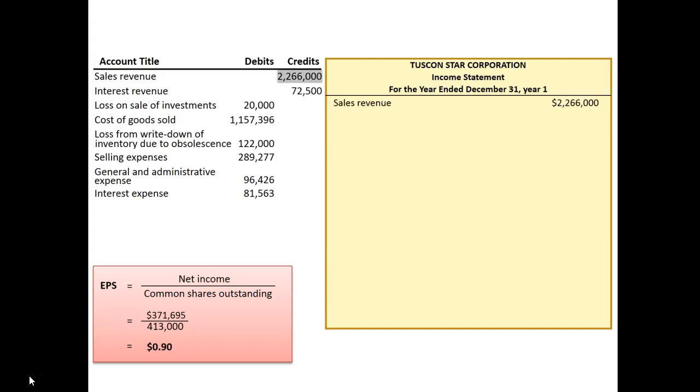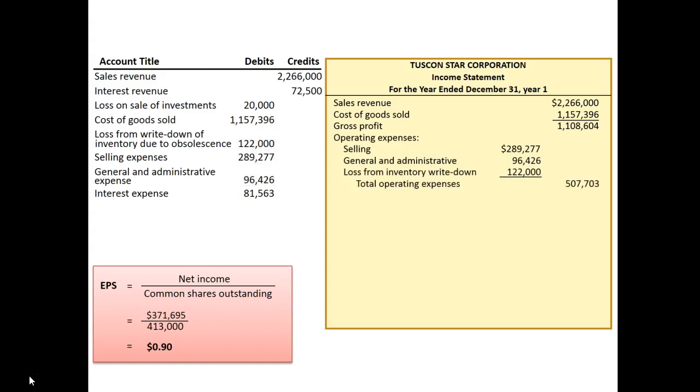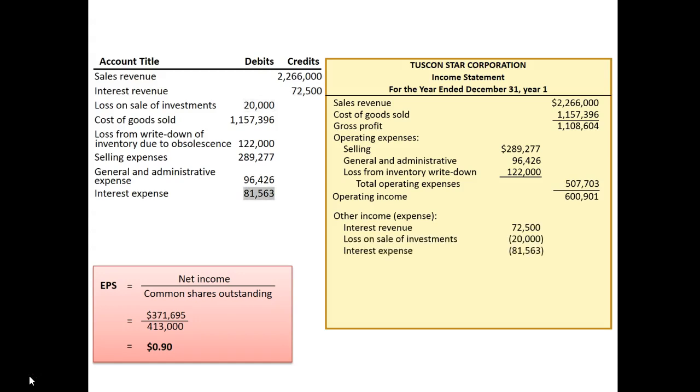Again, if we use the multiple step income statement, we will have various categories, starting with our gross profit, which is derived from sales minus our cost of goods sold, then our operating expenses, which ultimately come up with our operating income. From there, we take our other non-operating items, such as interest revenue, losses on investments, or interest expense, to have total other income.